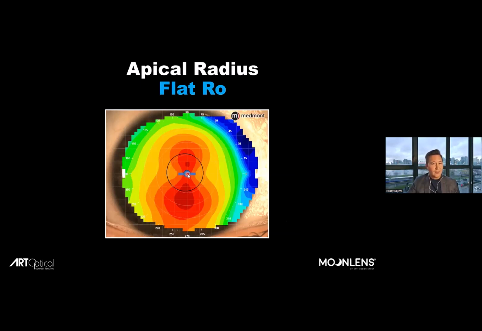So it's kind of like thinking of this flat K reading, except not taken at 3 millimeters, taken right in the middle, but across the flat axis. Then similarly, we're going to do that for the steep meridian. We want to know the radius of the cornea right at the peak, right at the apex, so that we can calculate the depth all the way out. So it begins with understanding the center of the cornea.